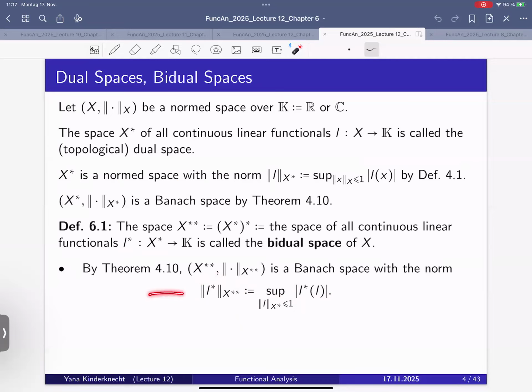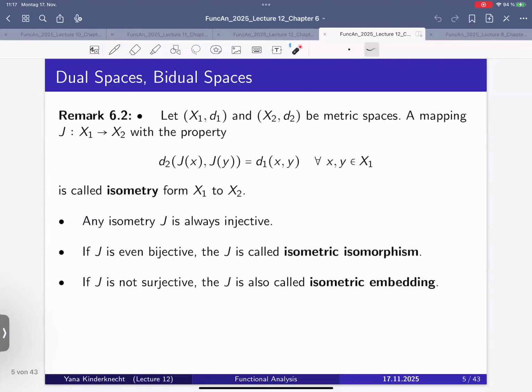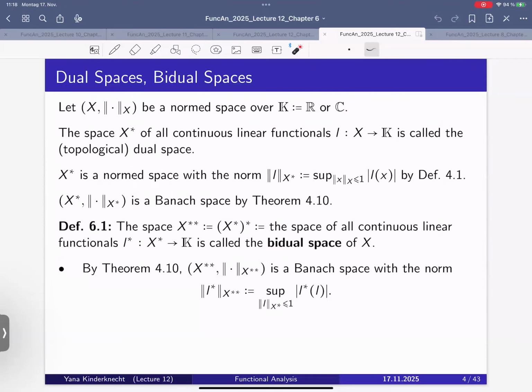This is the standard definition of the norm of a linear functional; we just insert the spaces on which we are working. Okay, first of all, is everything clear so far?